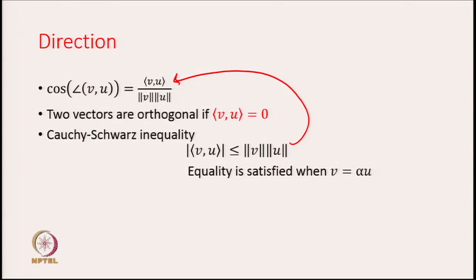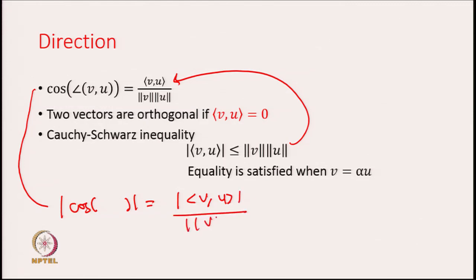First, let us take the mod on both sides. Now I know that cos takes a value between minus 1 and 1, so the mod of cos must be less than or equal to 1.